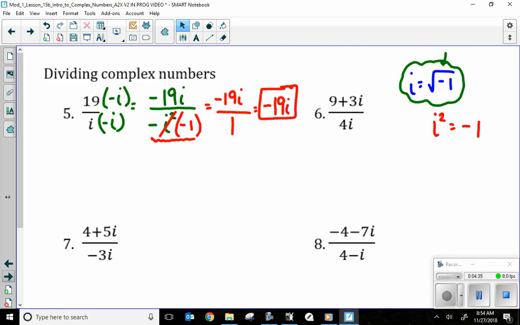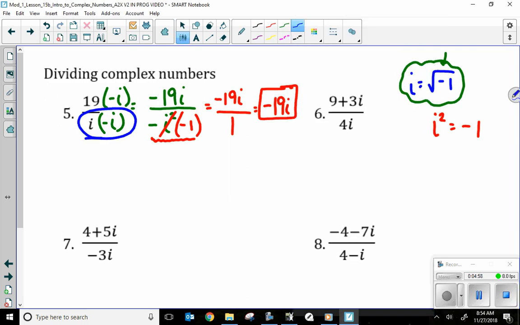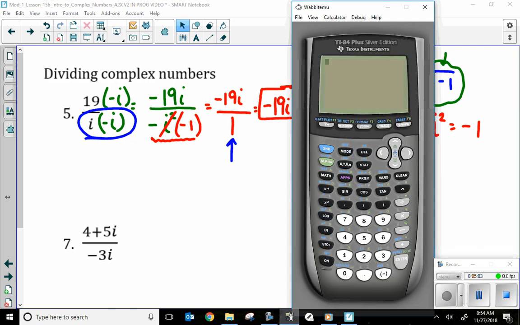Now, let's not forget, our calculator can multiply, add, do whatever to imaginary numbers. I just want to show that to you one more time. Turn on. There it is. If I look at my denominator here one more time, if I multiply those together, ultimately, I should get 1, shouldn't I? So the first thing I want to do is go to mode, and make sure that I am in complex setting. It's a plus bi.